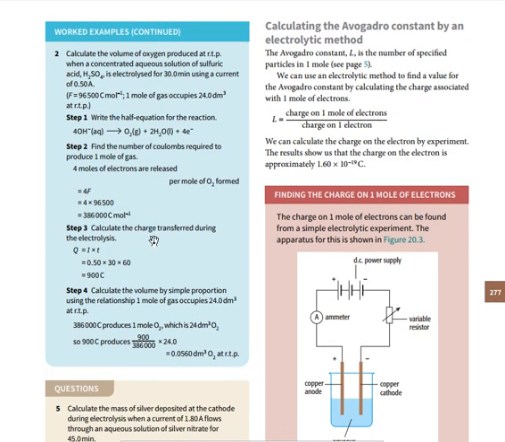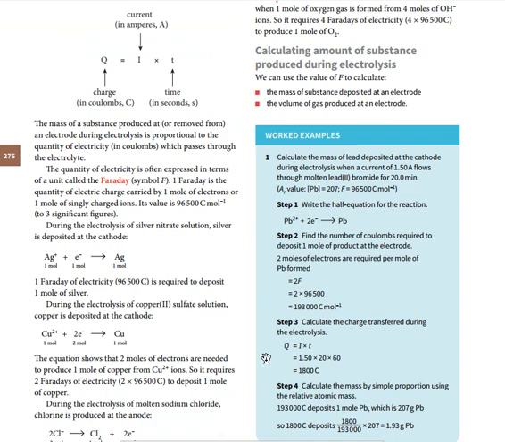Now let's continue. You see that here 193,000 coulombs is going to correspond to 1 mole of lead. That is because they're asking you to calculate the mass of lead. You need to know that the mass of 1 mole of lead is 207 grams. So 193,000 coulombs corresponds to 207 grams of lead.